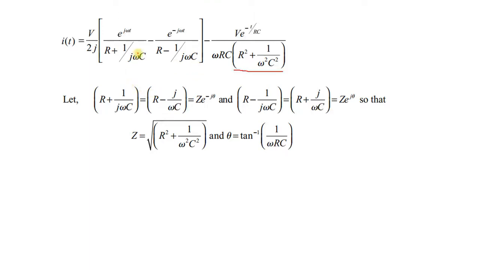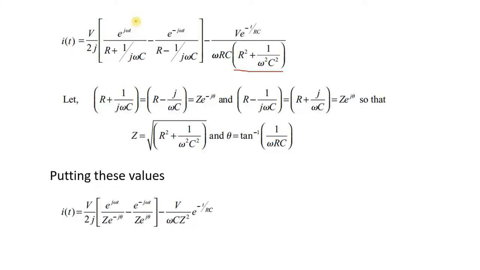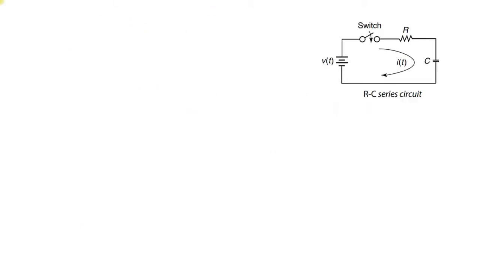If I take this e power minus j theta above the fraction, it looks like this. It is the final expression after putting in these values, and if I rewrite this equation, it looks like this.